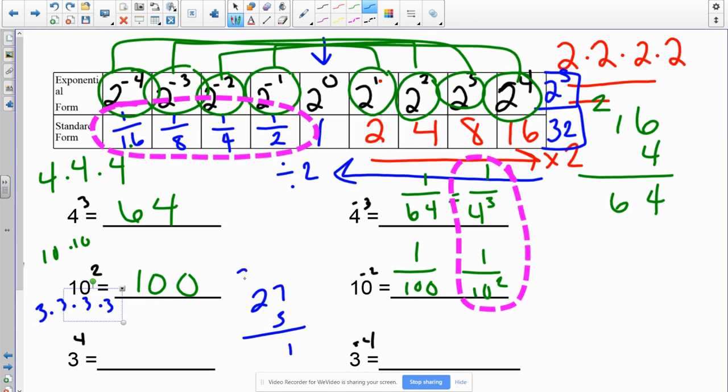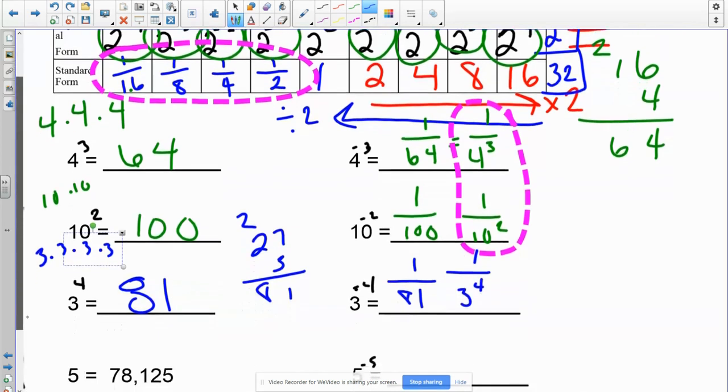This would be 21, carry the 2, so that would be 6, 7, 8. So this is 81. So if we look at 3 to the negative fourth power, the opposite, we're going to go 1 over 81, or we could write it 1 over 3 to the fourth power.